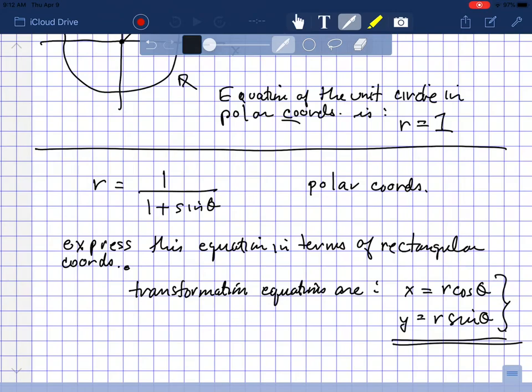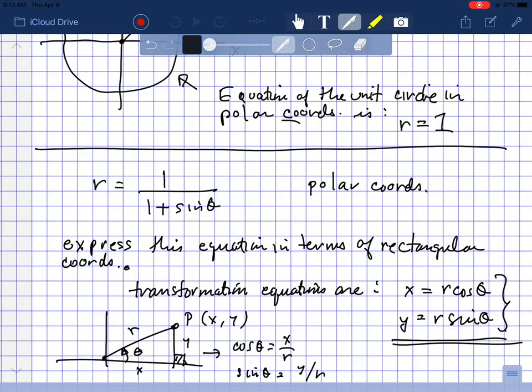So not only do you have to have these memorized, but you really have to understand where they come from, and that's not so hard, because remember again, if I have a point P here and x comma y are the rectangular coordinates of the point P, then if I draw this right triangle, label this angle theta, being positive as measured in the counterclockwise direction, and this distance from here to here is r, then I can immediately see from this right triangle that the cosine of theta is equal to x divided by r, and the sine of theta is equal to y divided by r, and these are equivalent to the equations x is equal to r times the cosine of theta, and y is equal to r times the sine of theta.